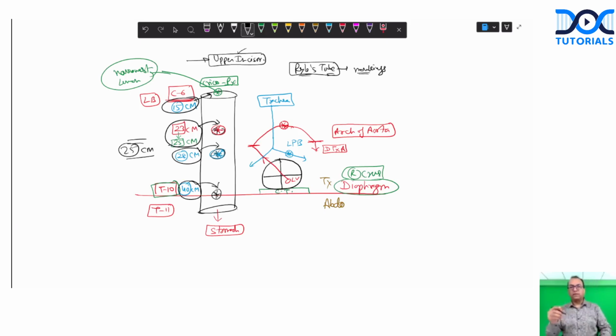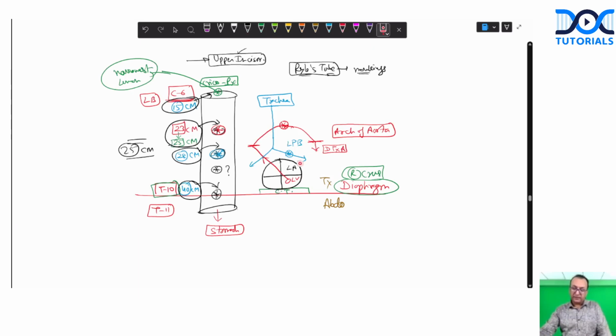Now, radiology people are telling that the left atrium is also producing a narrowing here. If radiology people are telling that it is the left atrium which is producing a compression or narrowing in the esophagus, this is not acceptable until there was some left atrial hypertrophy.